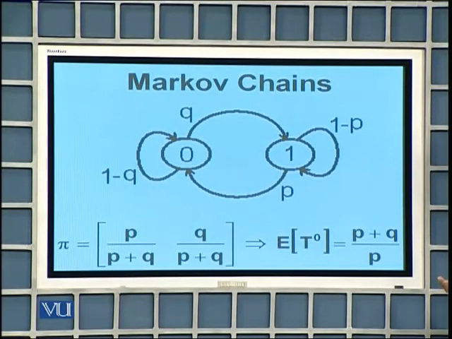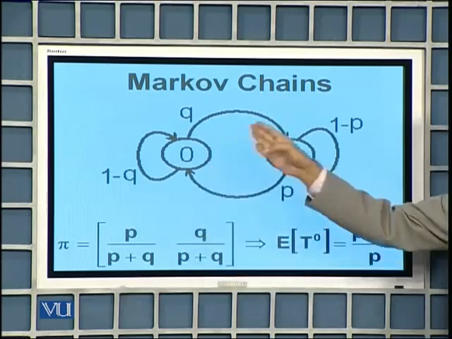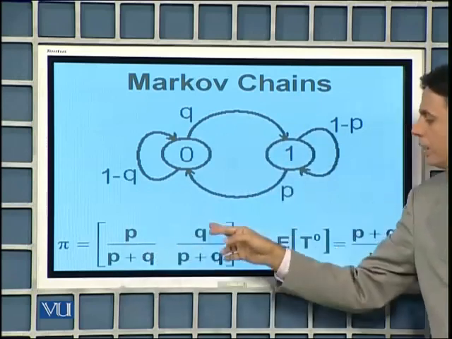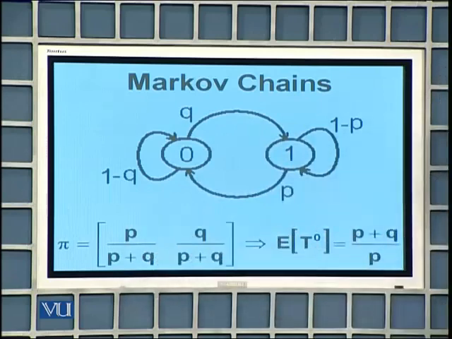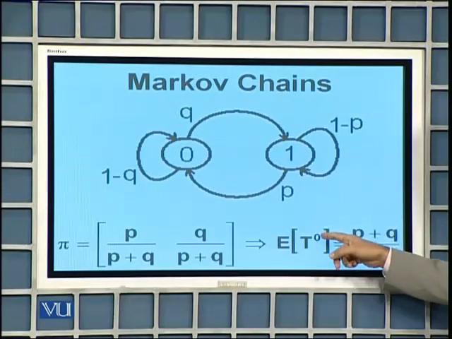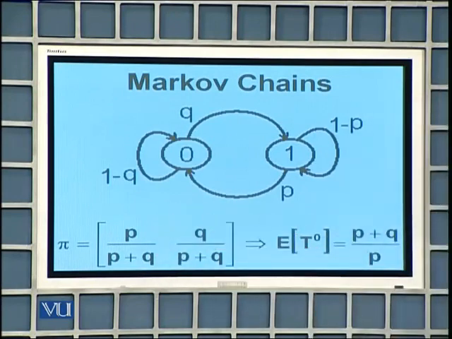We have analyzed this problem previously, and we know that the stationary probability distribution for these two states 0 and 1 is equal to p over p plus q and q over p plus q. If we want to find the expected value of return times associated with state 0, then all you have to do is take the reciprocal of this figure and you get p plus q divided by p.